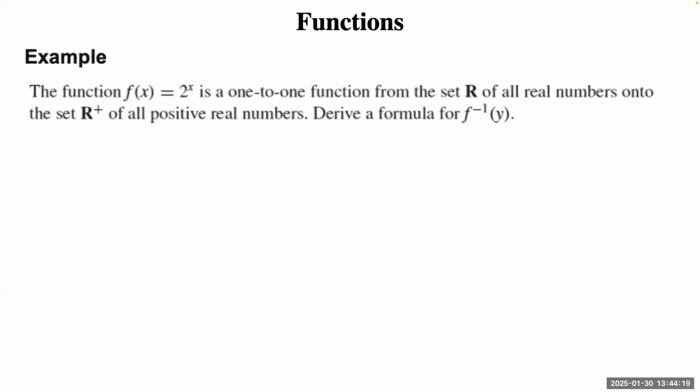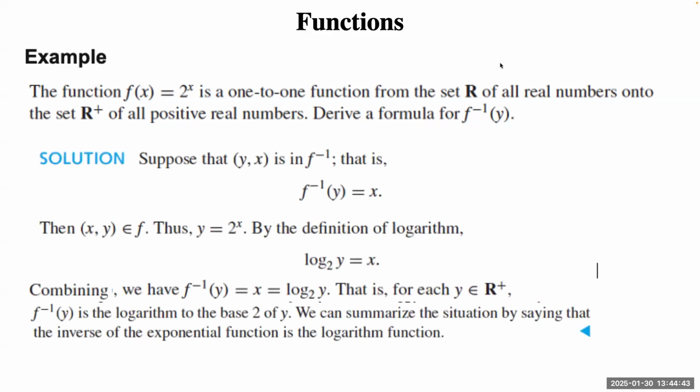Now you might recall an exponential function called 2 to the x. 2^x is a 1-to-1 function from the set R of all real numbers. It's also onto R plus, the set of all positive real numbers. Derive a formula for f inverse of y. Suppose that (y, x) is in f inverse, that is, f inverse of y is x.